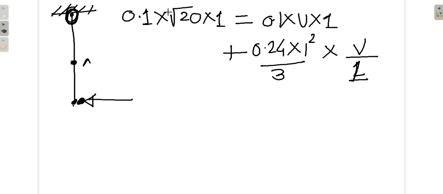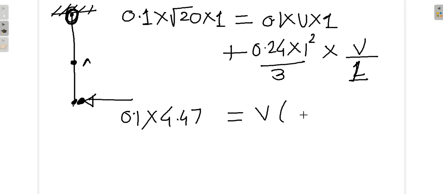So let us do the calculation here. Root 20 is 4.47. So 0.1 into 4.47 equal to V. This is 0.1, and 0.24 upon 3 is 0.08.